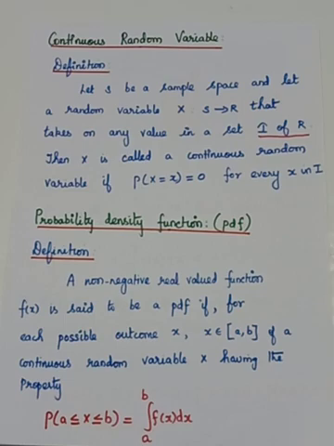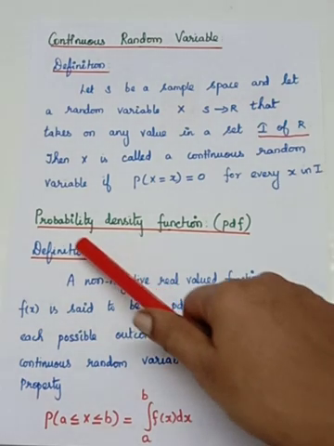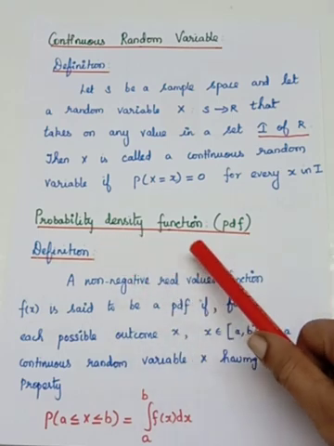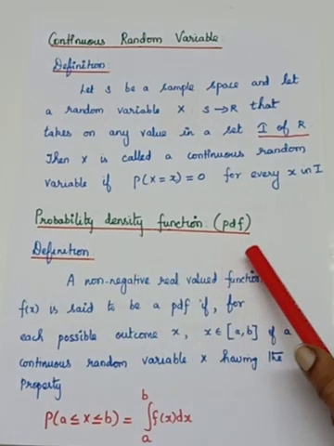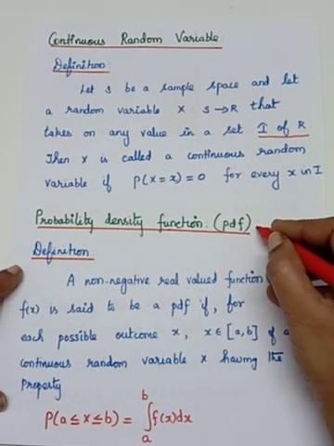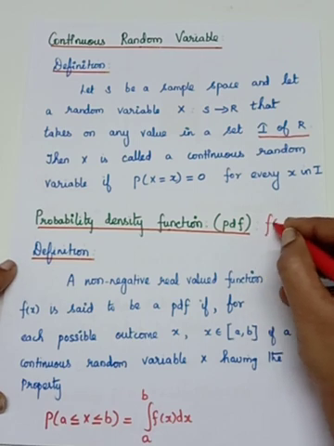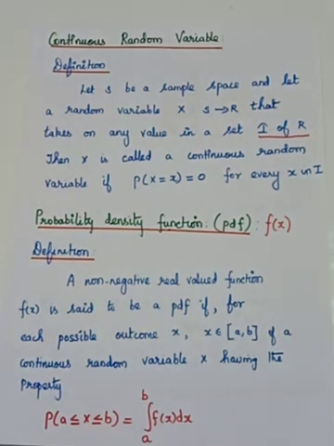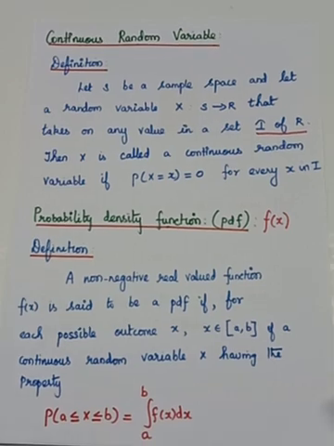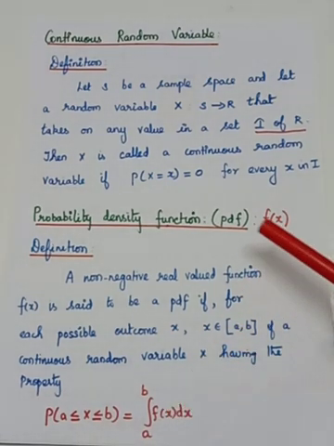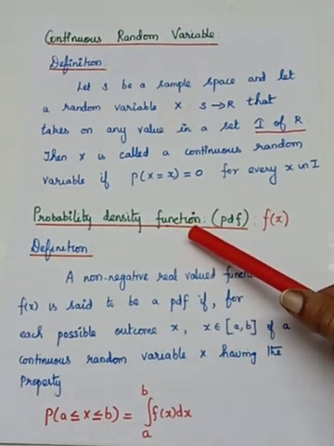Here, for the continuous case, it is the probability density function, denoted by PDF. It is also denoted by the symbol small f of x.